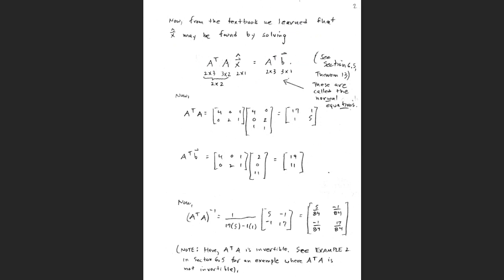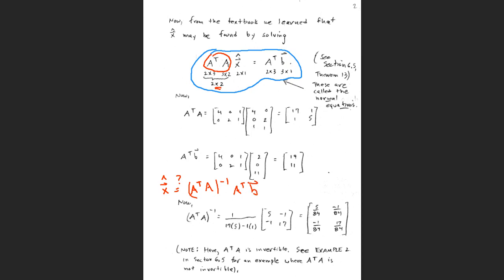And whenever we think of a square matrix, we can consider, well, is there possibly an inverse? If there were, then x hat would equal A transpose A inverse times A transpose B.